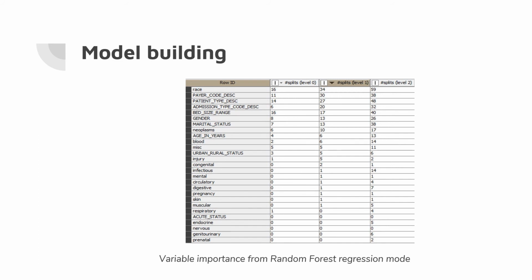As you can see in the table, the top 5 variables that were selected for initial splitting were race, pair code description, patient type description, admission type code, and bed size range. One interesting thing is that age in years wasn't considered an important variable for initial splittings. While this might not be a very precise estimation of variable importance, it still gives us important insights.